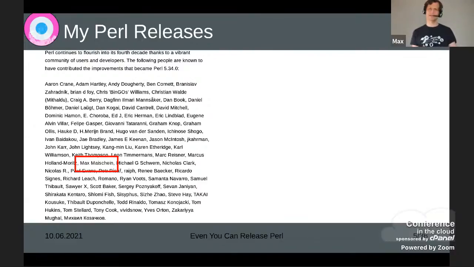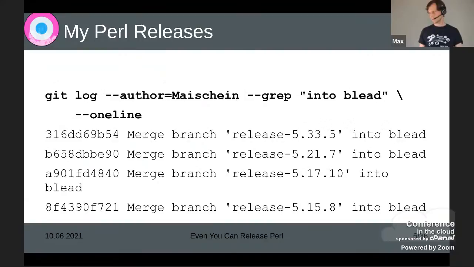And that already is enough to get my name on the list of developers of Perl. That's great. Git tells that story. I've done it four times already, at least Git says: for 5.15, for 5.17, for 5.21, and last November for 5.33.